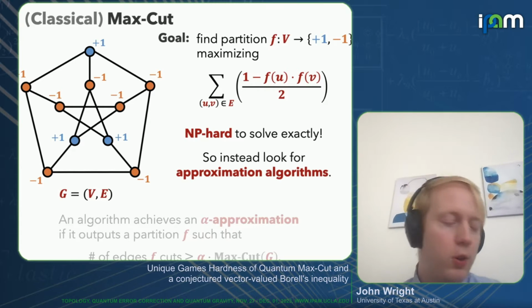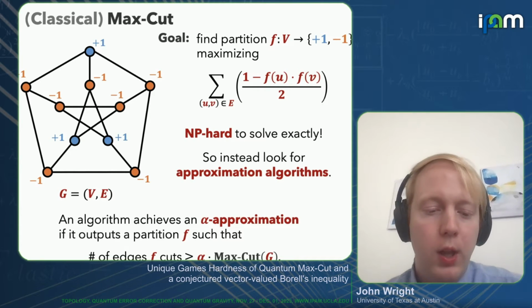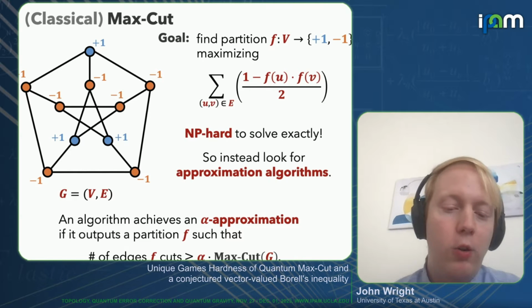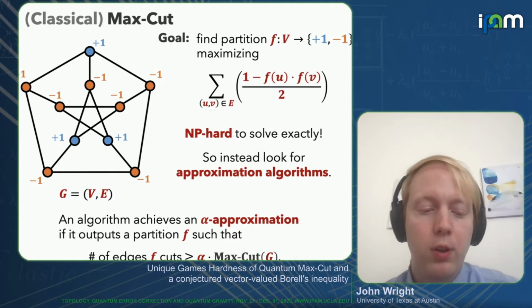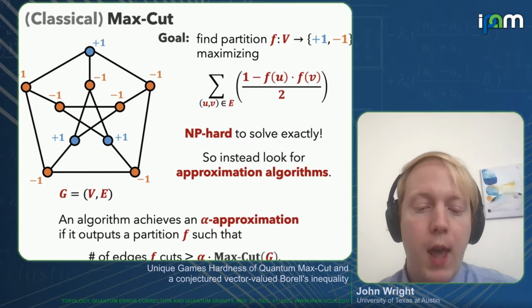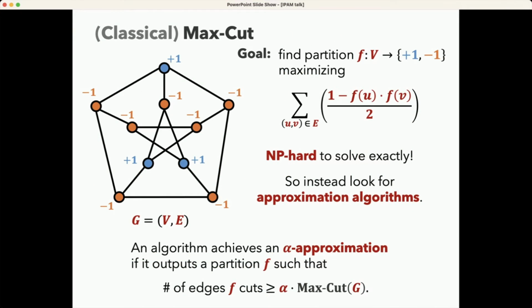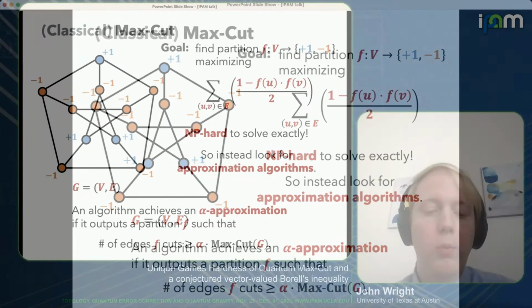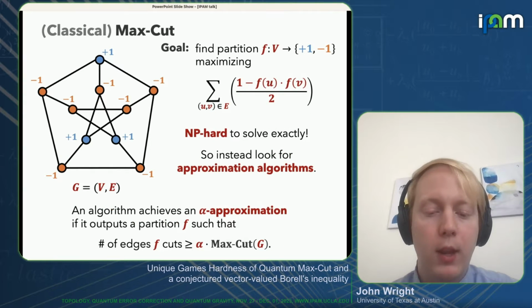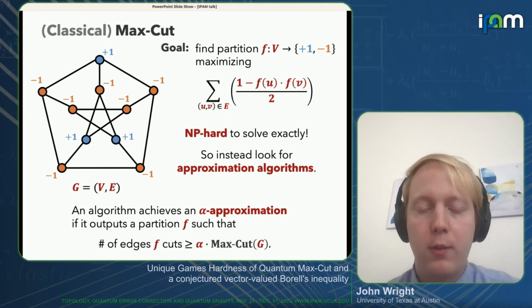The definition that we're going to be using throughout this talk: an algorithm achieves an alpha approximation if it outputs a partition F such that the number of edges that F cuts is at least alpha times the maximum cut in the graph G. So alpha here is always going to be a number between 0 and 1. You can never do better than the maximum cut, so you can't have alpha be bigger than 1. And in general, what you're trying to do is get an algorithm that gets as big of a value of alpha as possible.